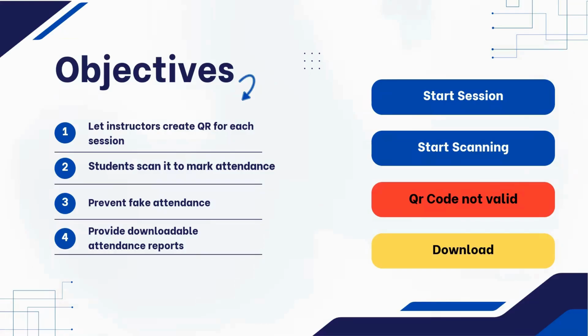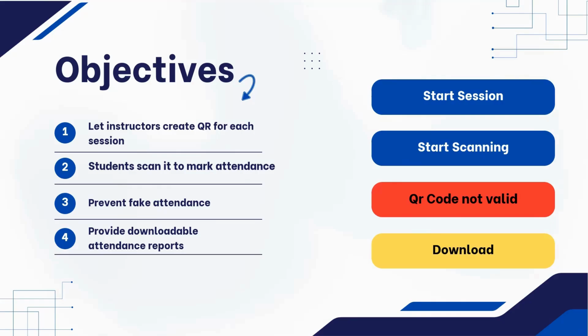So our main goals were pretty clear. First, we wanted instructors to be able to generate a QR code at the start of every class session. Second, students should be able to scan that code easily, like from their phones, and mark the attendance in the same instant. But we didn't stop there. We also added location checking.